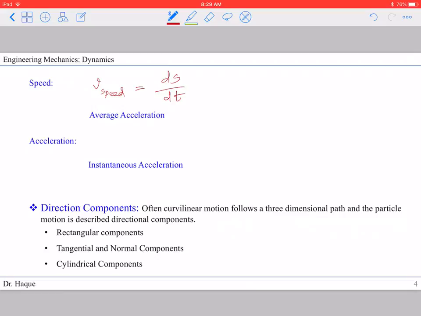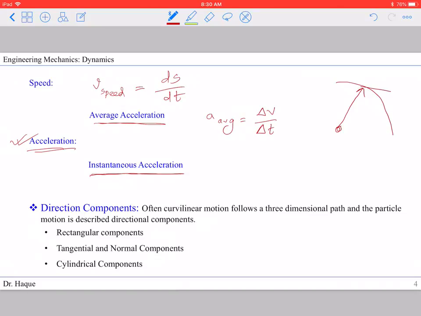After velocity, we have to define acceleration, and again, acceleration has two forms: average acceleration and instantaneous acceleration. Average acceleration would be the change in velocity with respect to change in time. So if we have a particle that is moving with respect to origin O, it has a previous velocity, which is tangent.